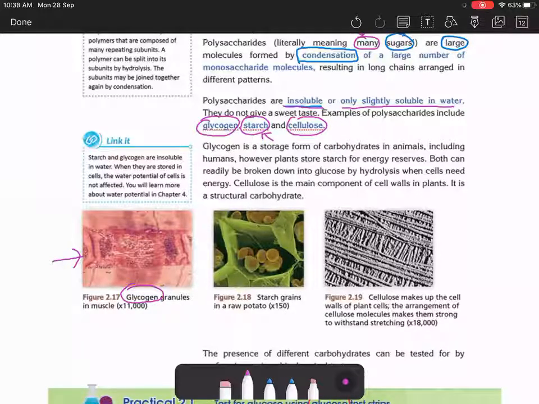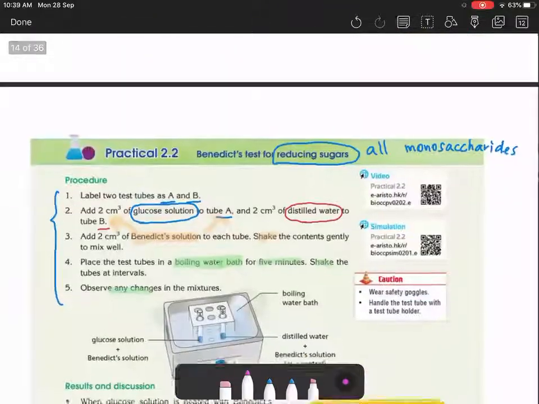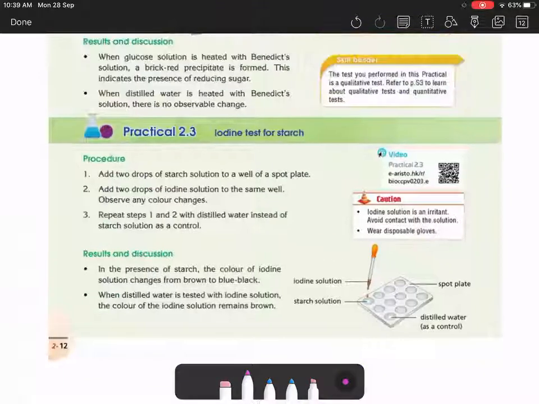Starch is this one; these are starch grains. And cellulose is this one. I know that at this moment you don't understand what they are. Forget them. Just remember the names. For starch, we do the iodine test. I'm sure you have done it in Form 2. Just add the iodine solution into it.